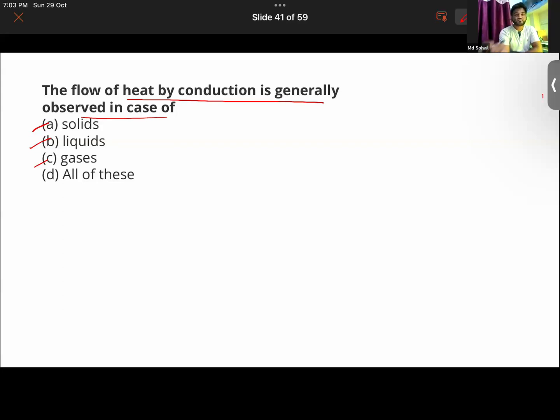Solids and liquids, but gases can't. Abdul, you're also saying the same thing? No, sir, solids only.